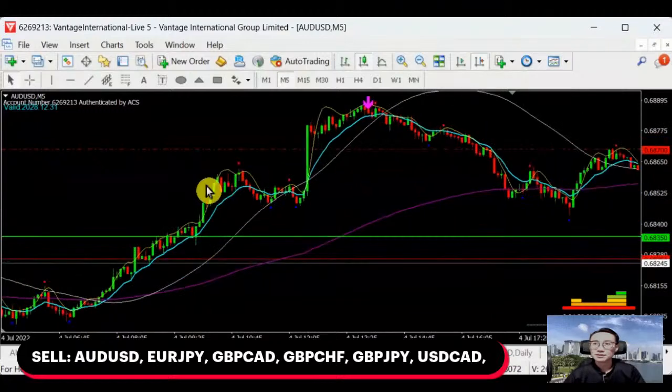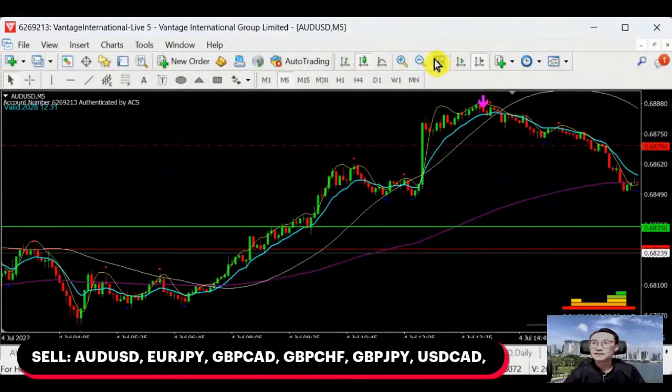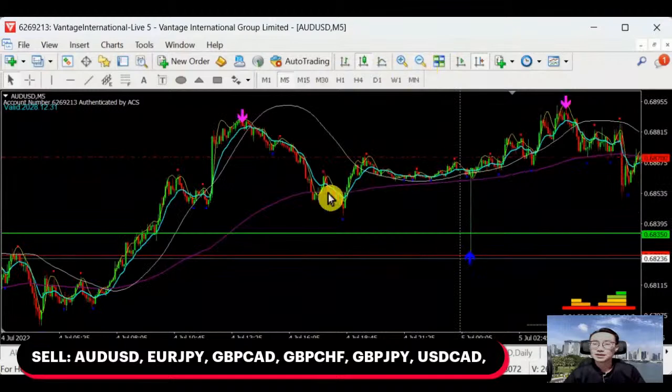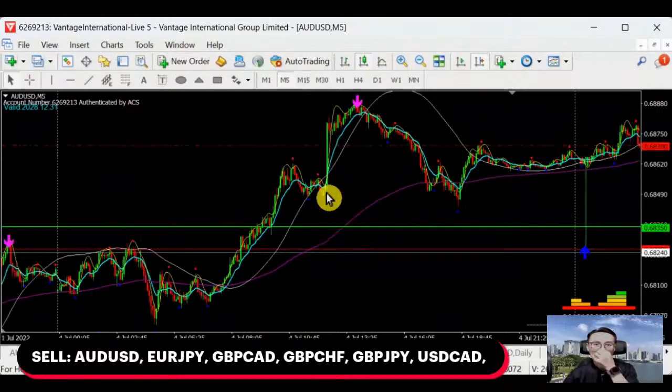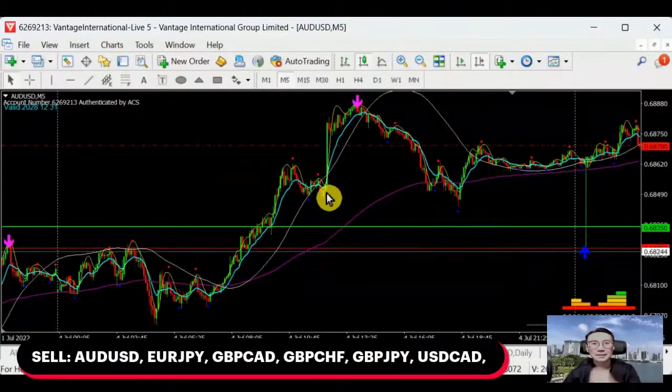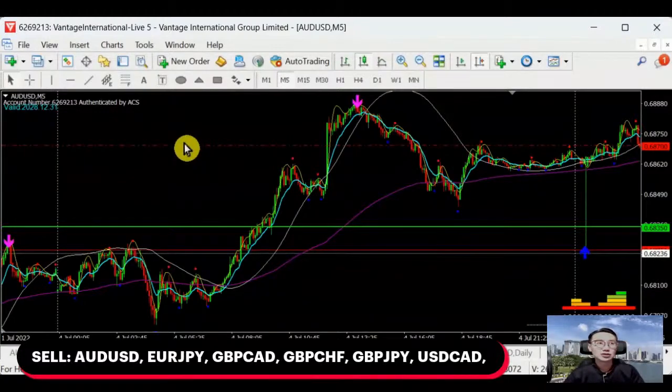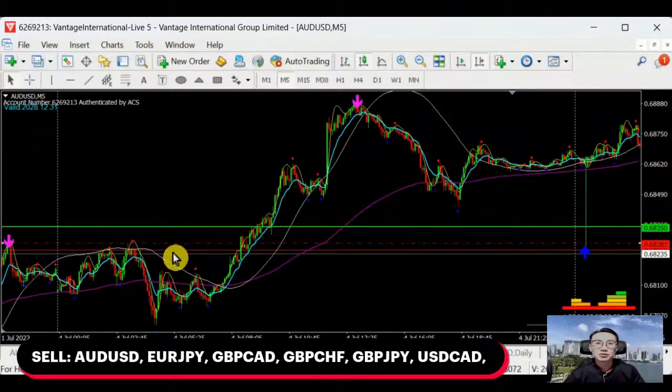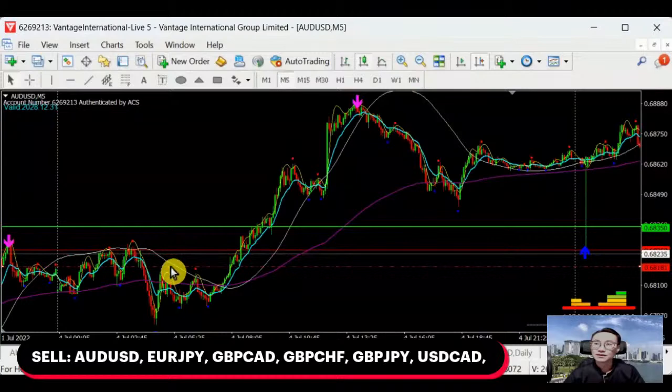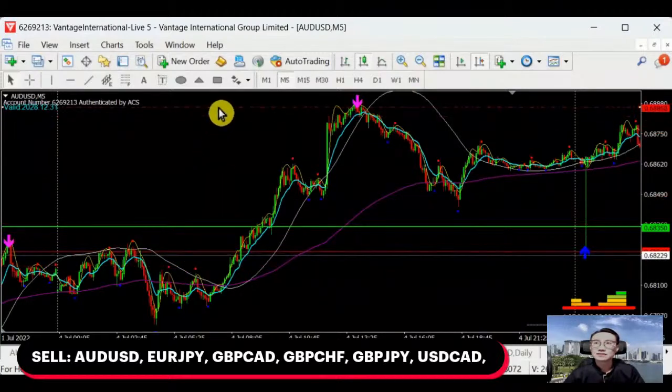For example, say M5 in Aussie dollar. Let's say Aussie dollar. Over here, at this point, we have a resistance.